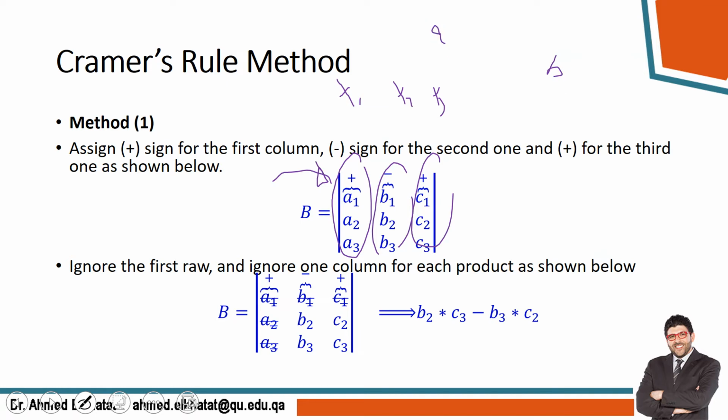You have a1 x1 plus a2 x2 plus a3 x3 equal b1, and you can continue here. So take the b column and replace it here. By this you can find the determinant for x1.